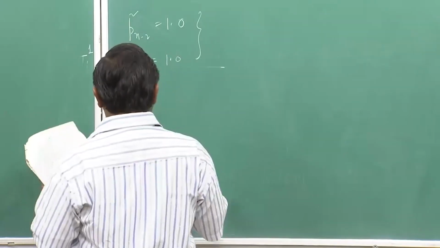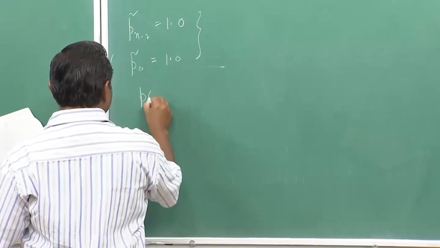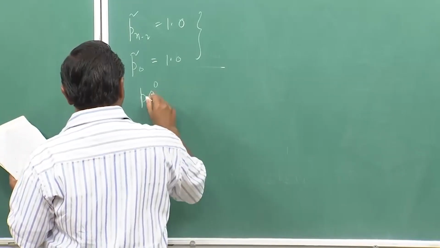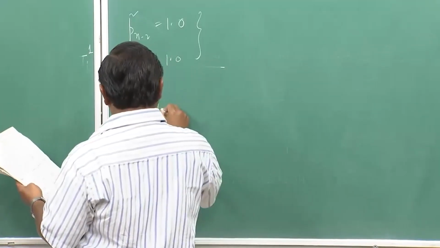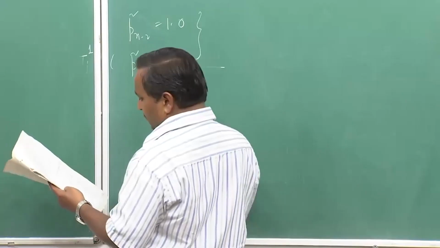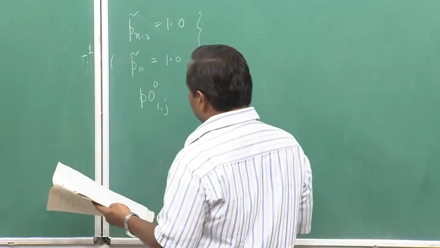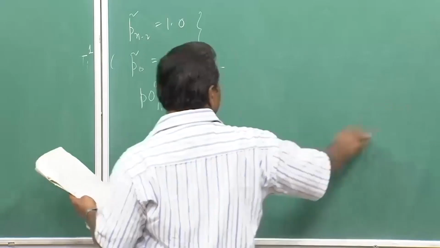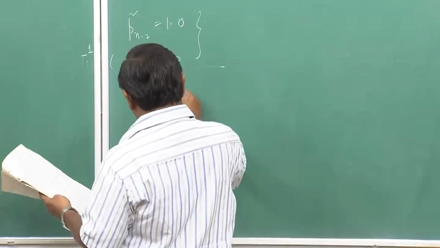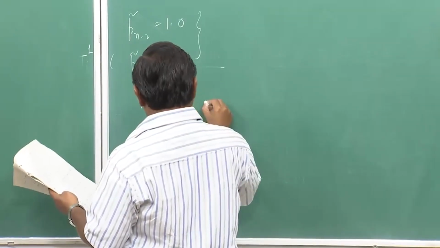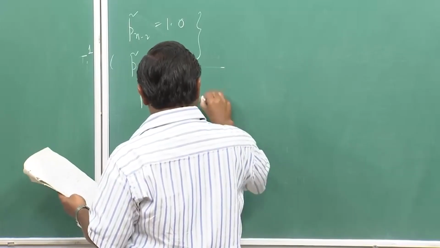Of course, you also assume the initial condition as P 0 at the 0th time step. In the beginning, you are always going to be in state 1, for all stages, for all j.